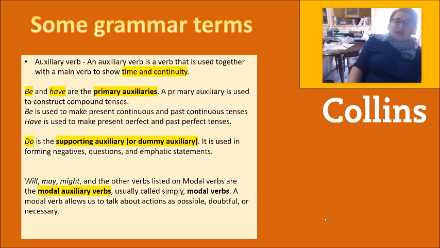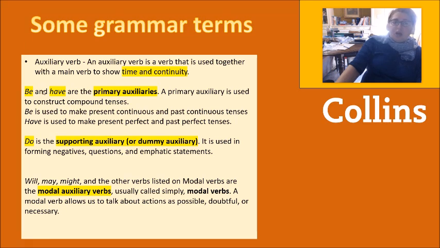So, what are the auxiliaries in English? In English, we have two primary auxiliaries and one supporting auxiliary. If you look here, we have the verb to be and the verb to have that are primary auxiliaries, and they are used to construct compound tenses.